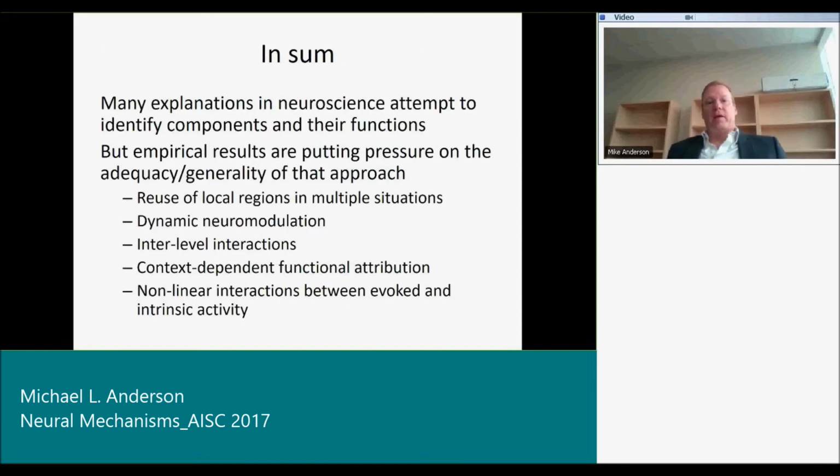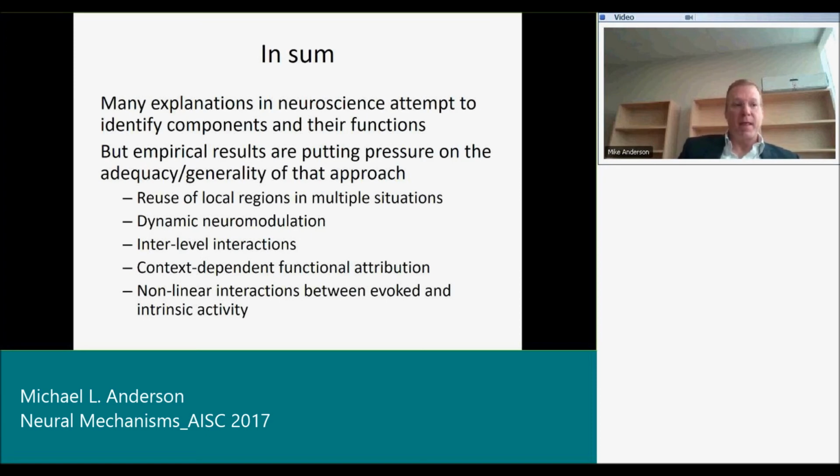So to sum it up, explanations in neuroscience attempt to identify components and their functions. But I think that empirical results are putting pressure on that, or at least the generality of that approach. Some of the empirical results include the reuse of local regions in multiple situations, dynamic neuromodulation, interlevel interactions, context-dependent functional attributions, and nonlinear interactions between evoked and intrinsic activity.